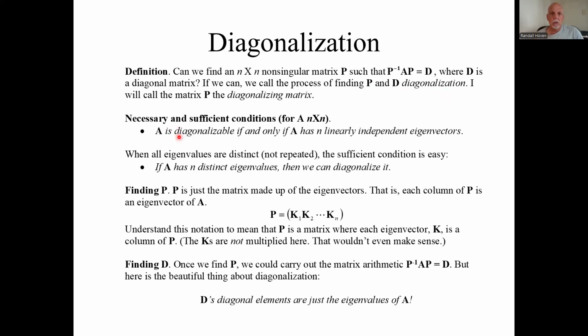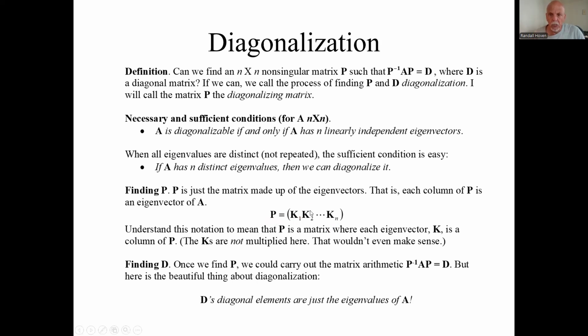The necessary and sufficient condition is A is diagonalizable if and only if A has n linearly independent eigenvectors. It would be sufficient if A has n distinct eigenvalues, then you know all n eigenvectors are linearly independent. That's how you know if such a P even exists. And if it does exist, you construct it this way.